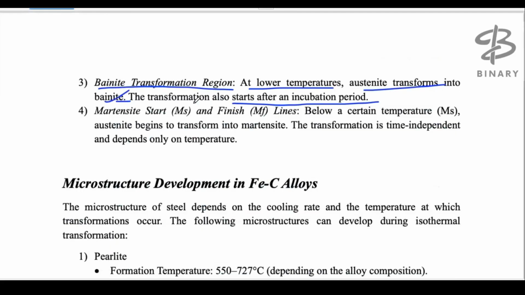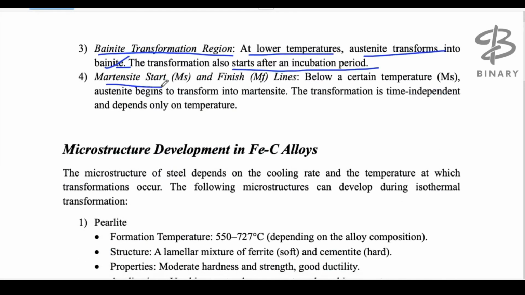Into Bainite. Now the martensite start and finish. Very far below, or you can say below the critical temperature, Ms is the martensite start point, and Mf is the martensite final, where all the austenite converts into martensite.